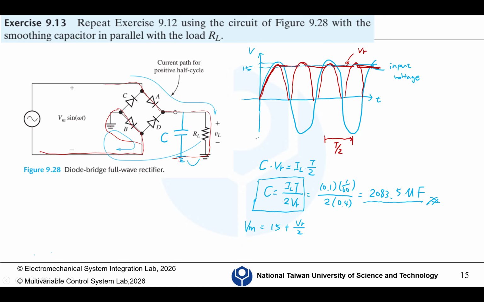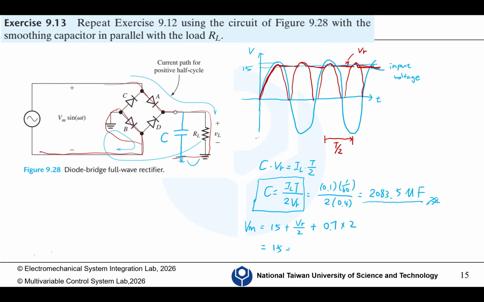Right now it goes through two diodes, for forward bias and reverse, for positive and negative voltage. So we have 0.7 times 2.